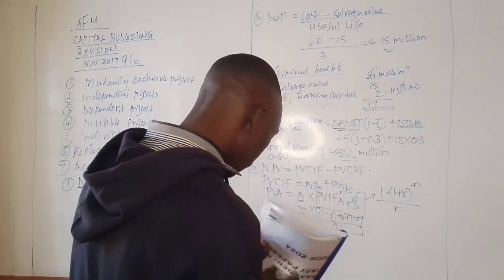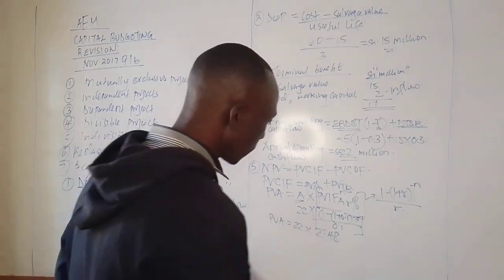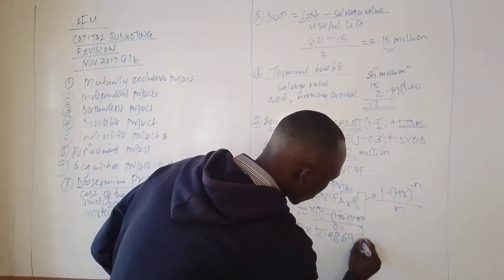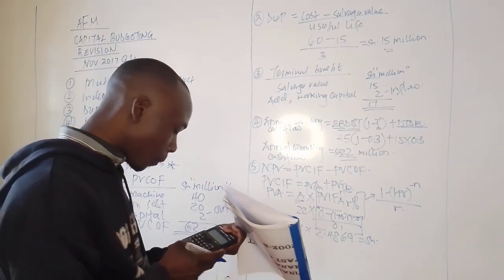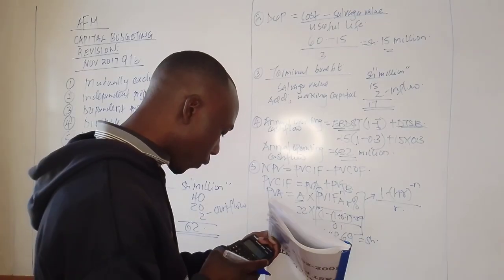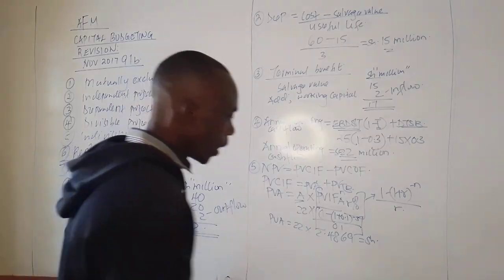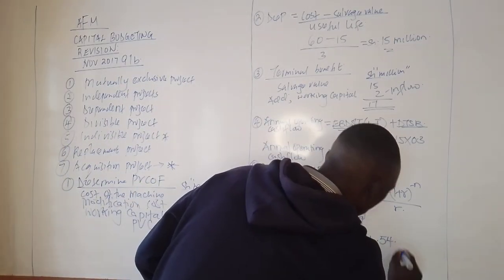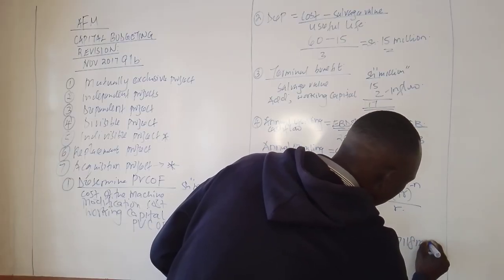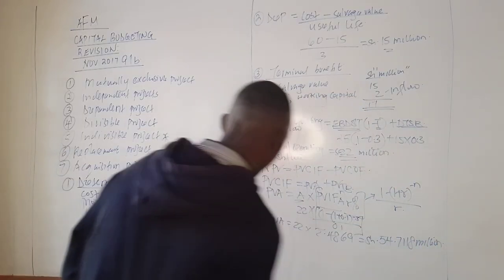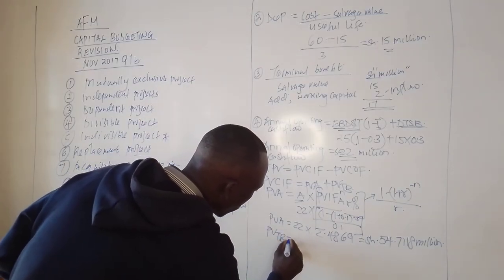You will get 2.4869. So therefore the total will be 22 times 2.4869. So we are going to get shillings 54.7118 million.